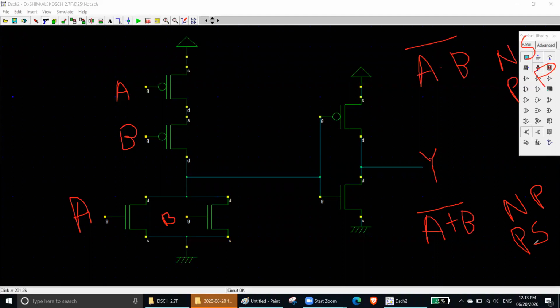So when your expression is multiplication, A into B, that time your NMOS should be in series and PMOS should be in parallel, like the previous one. When your expression is addition, that means A plus B, your NMOS should be parallel and your PMOS should be series. What do I mean by that?